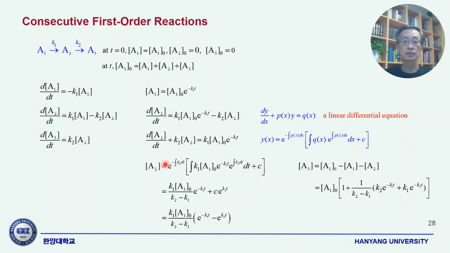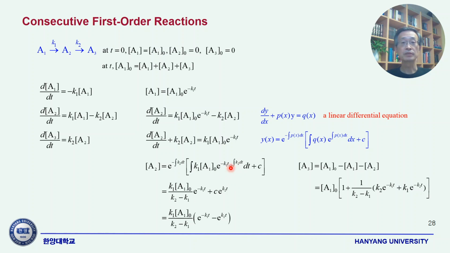Then if you integrate this, you get e to the minus k2t. Here the minus and the plus cancel each other, and then you have only this to be integrated.